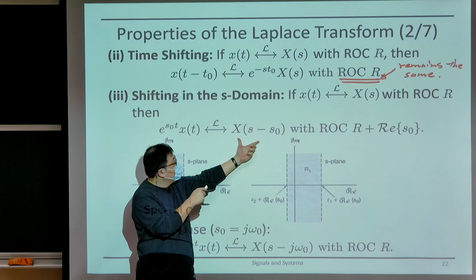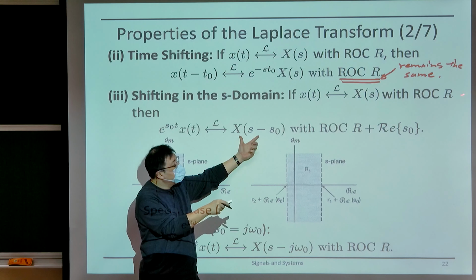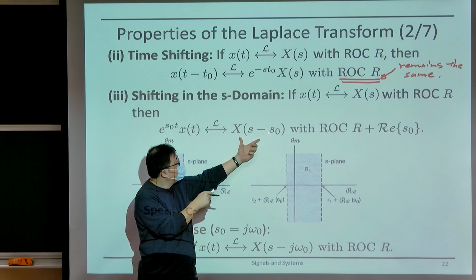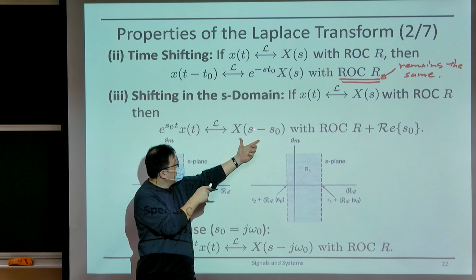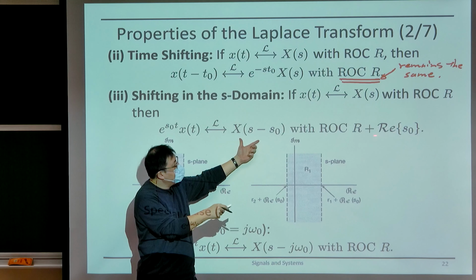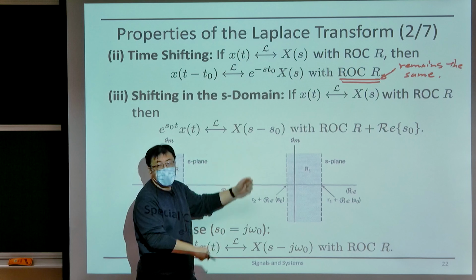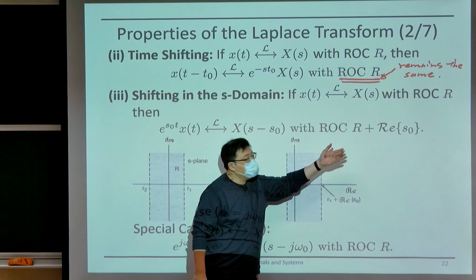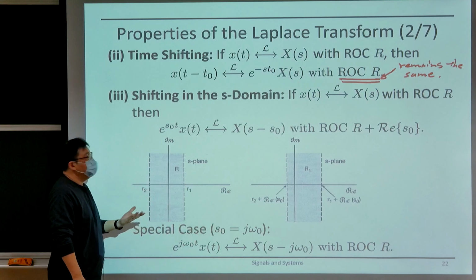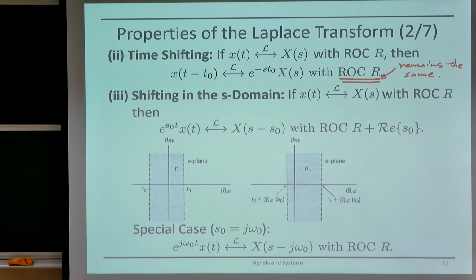And we know that this transform exists if S minus S naught belongs to R. So if S minus S naught belongs to R, then S should belong to R plus S naught, which is this. So you can write it as R plus S naught or R plus the real part of S naught. It doesn't really matter.